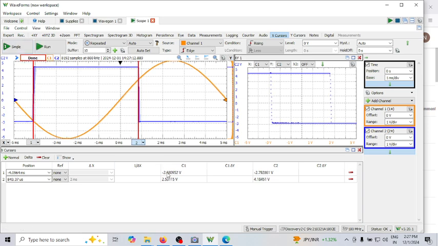This is actually VTL. Cursor 1 is VTL, which is minus 2.68, and this is plus 2.53. These are my practical values.